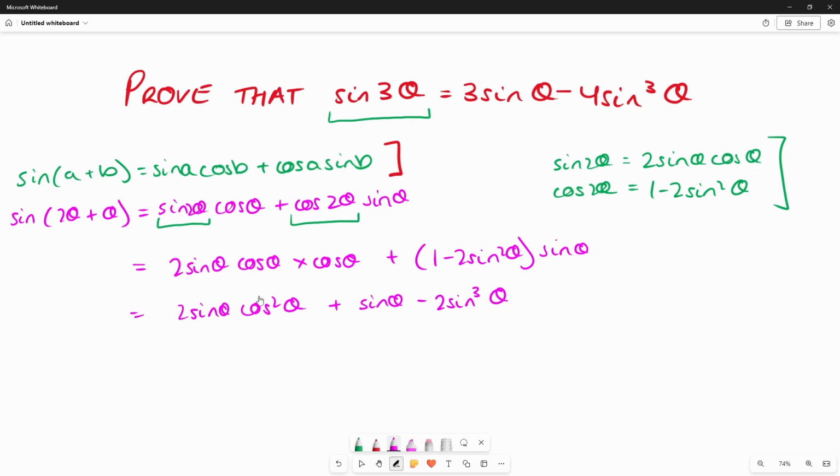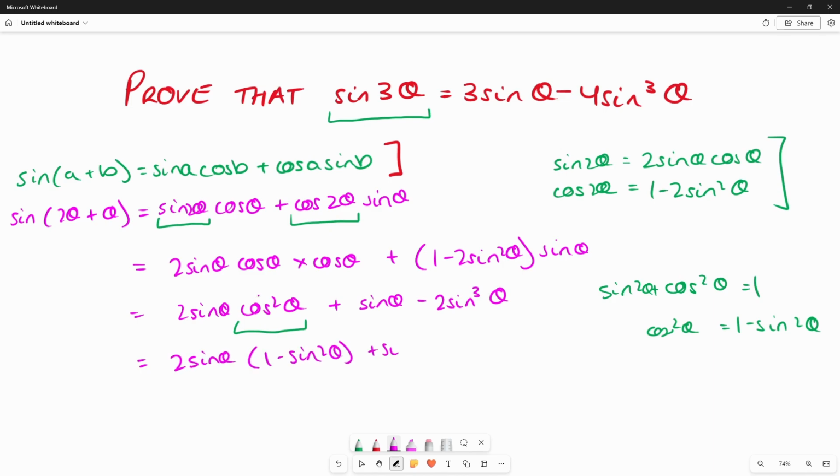Now we still have an annoying cos²θ here, but your instinct should be telling you sin²θ plus cos²θ equals 1, and therefore cos²θ equals 1 minus sin²θ, and we'll just substitute that into our equation and we'll get something that looks like this.